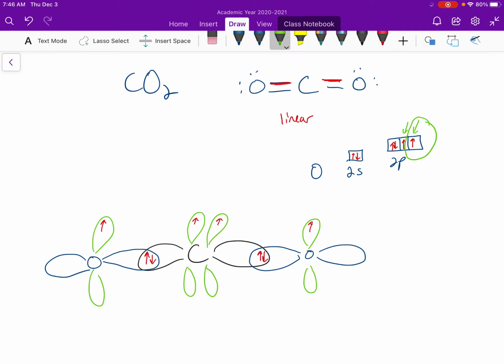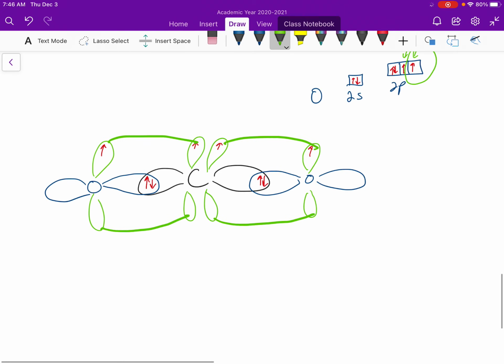And we'll talk about the shape of this a little later on. So this one's going to overlap here. This one's going to overlap here. And so we end up with, if we're counting sigma and pi bonds, the connection between the C to the O here, connection between the C to the O here, so 2 sigma bonds. Then we have the extra double bond here, the extra double bond here.